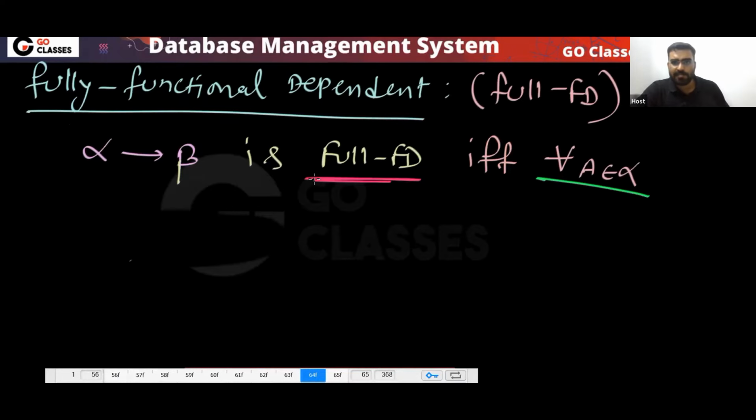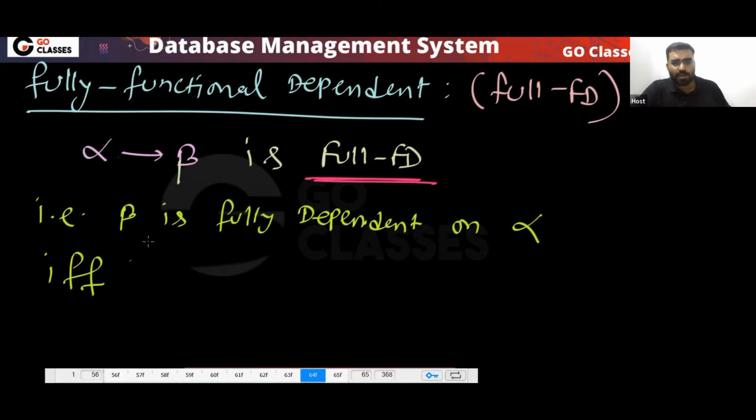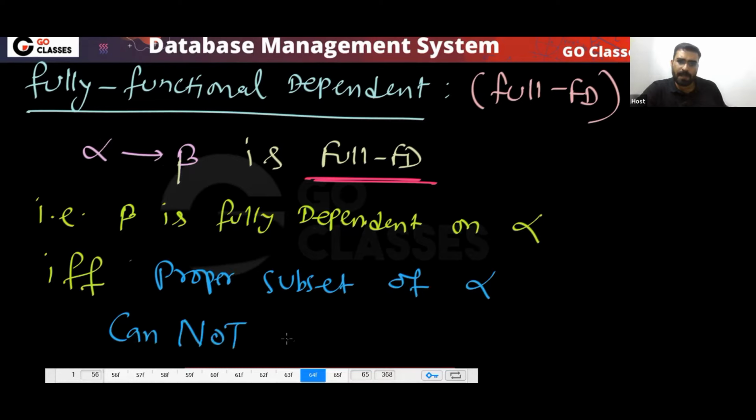This is full dependency, which means beta is fully dependent on alpha if and only if a proper subset of alpha cannot determine beta. Is this clear? A proper subset of alpha cannot determine beta.